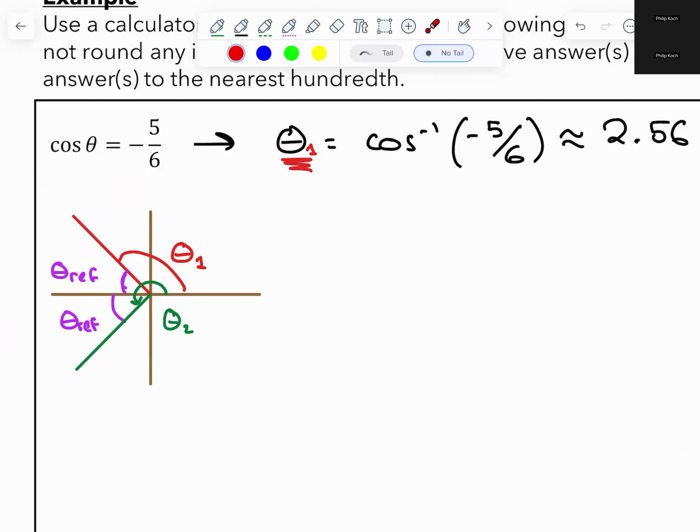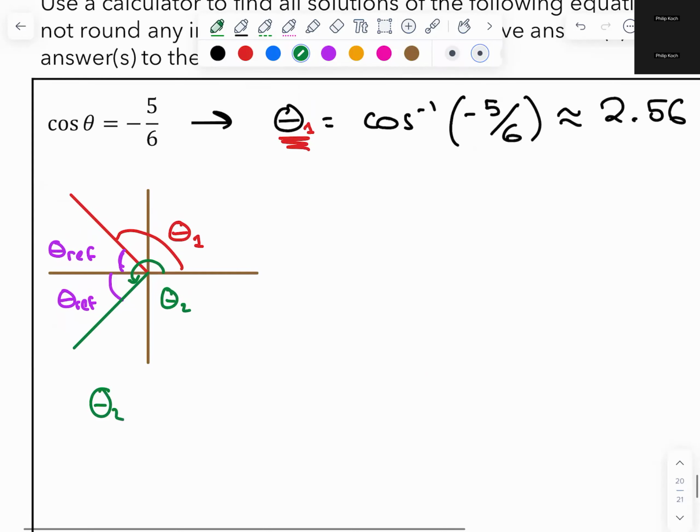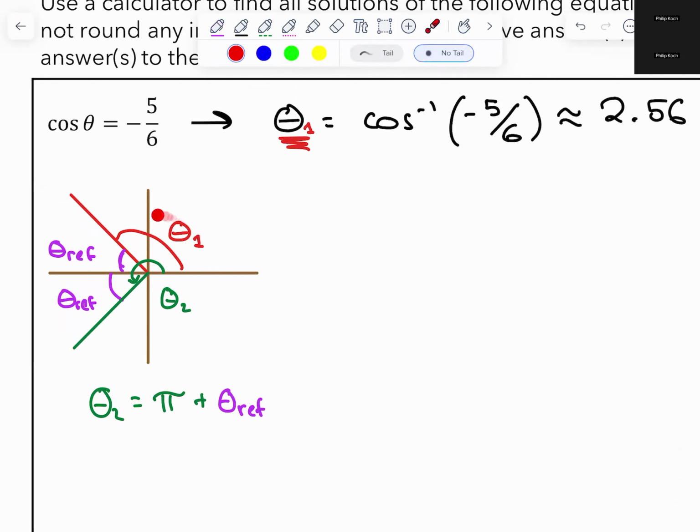Like, if we knew what theta sub reference was, what would theta sub 2 be? It'd be pi plus theta sub reference. Because from here to here, that's a full pi plus an additional theta sub reference. But the thing is, we don't know what theta sub reference is. Alex. Pi subtract from theta 1. Yes, exactly right.